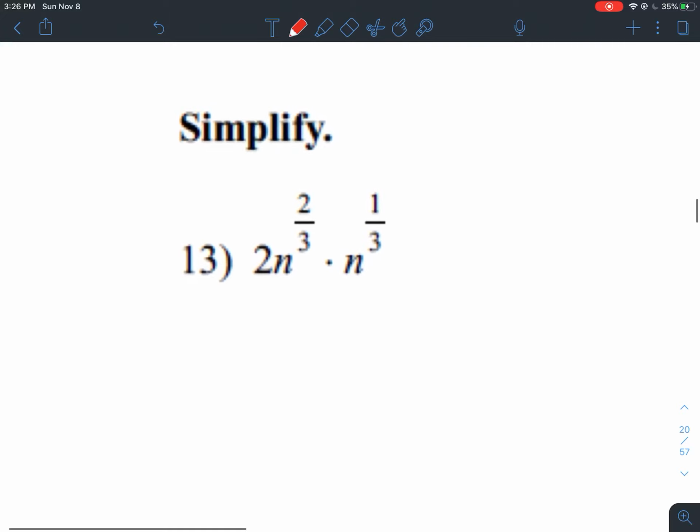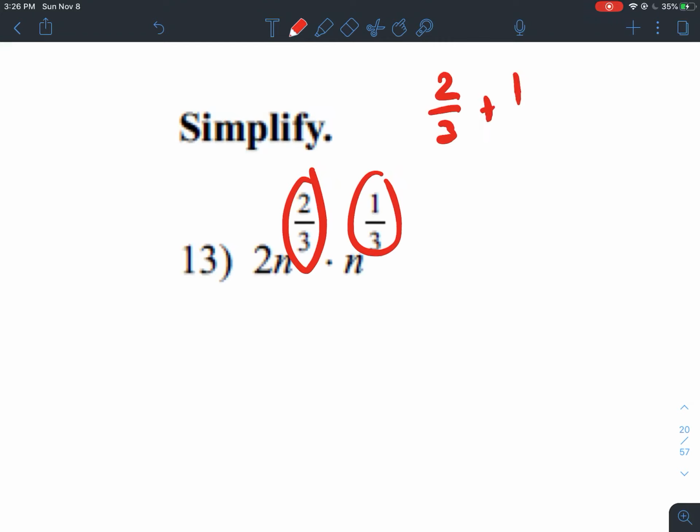Next, it says simplify. Keep in mind, how do we multiply things with exponents? We add them. So we need to add these two exponents. 2/3 plus 1/3 is going to give me 3/3, which is just 1. So we'd have 2 times n to the 3/3, which is just going to give me 2n.